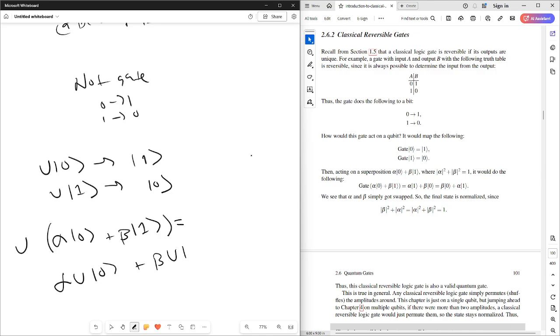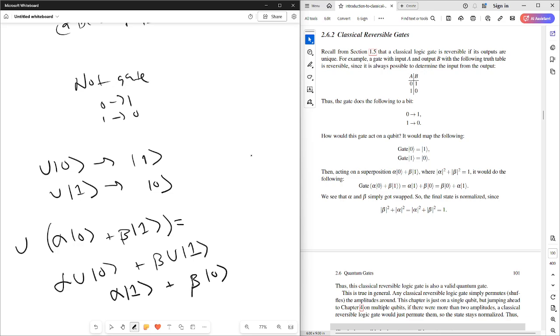It's going to go affect the states. Which turns into, of 0.